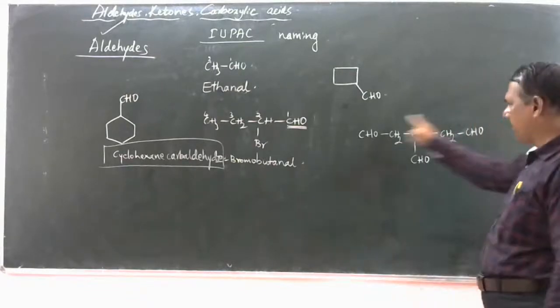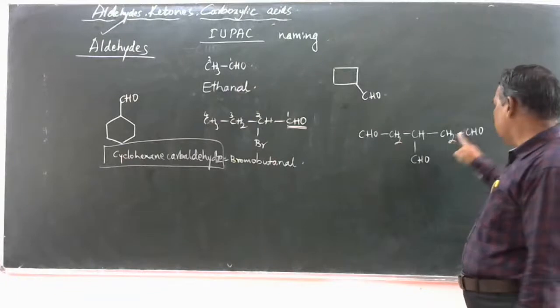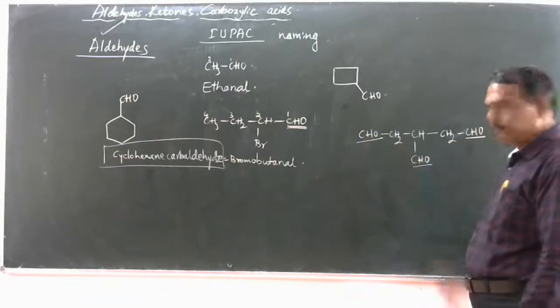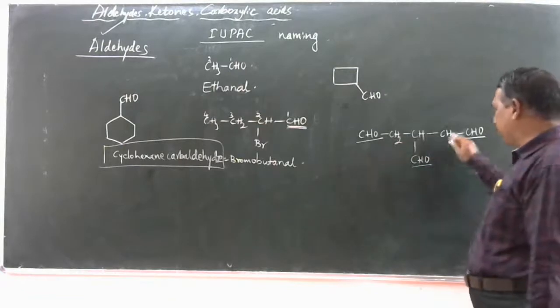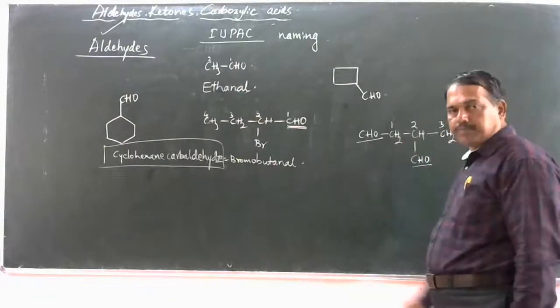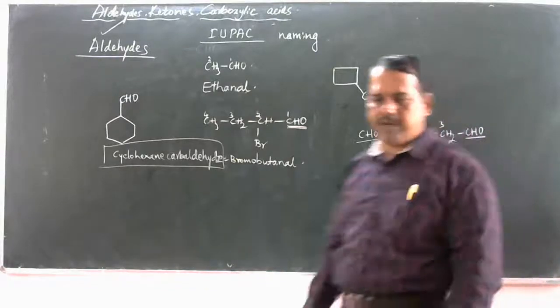In this example, you can find three aldehyde groups. One is here, another, and another. What is the parent hydrocarbon here? 1, 2, 3. It is propane.